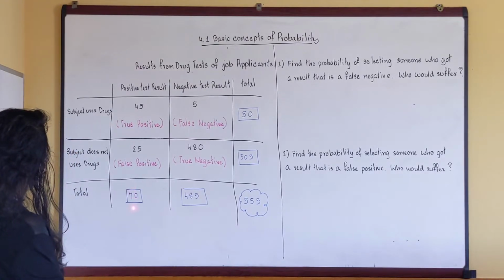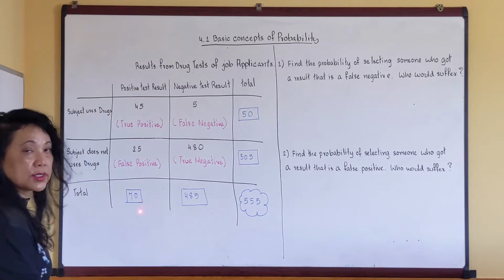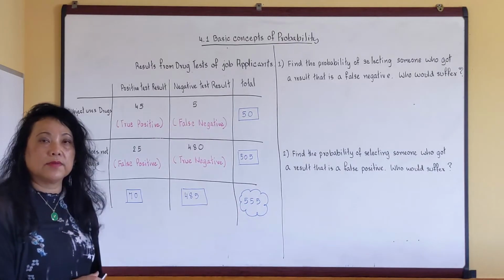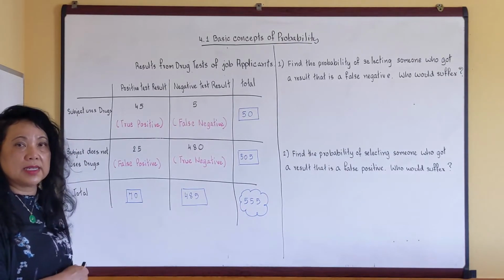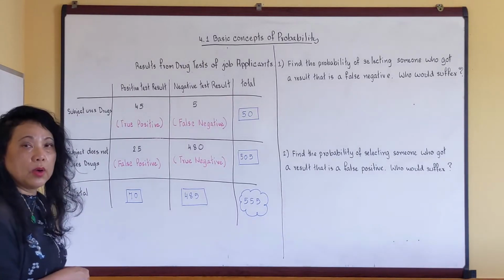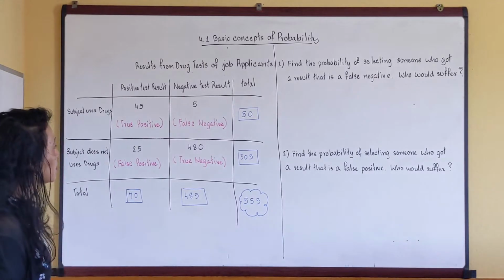Now on the vertical, this is all positive test results, both used and not used. This is all negative results, both used and not used, and everybody is 555 people that we tested. So you make sure that you understand each cell, what it represents and how to calculate it.